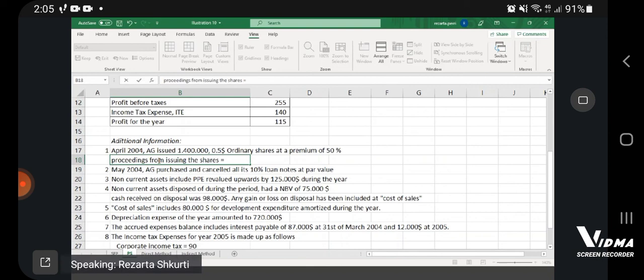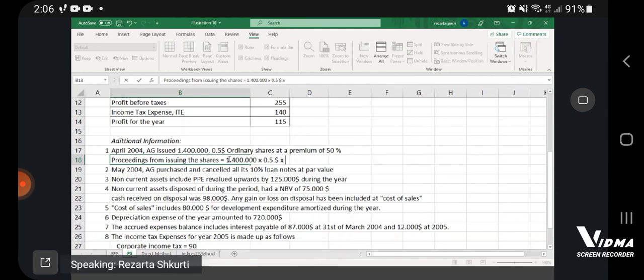So let's calculate how large the proceeds are from issuing this amount of shares. Again, we have issued 1,400,000 shares. Their face value is $0.5, but they are issued at a price 50% higher than this face value.